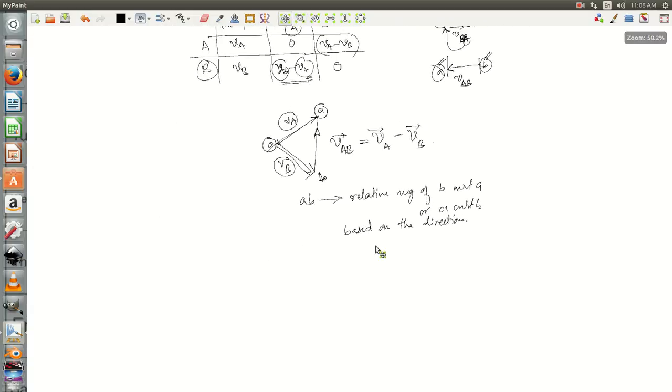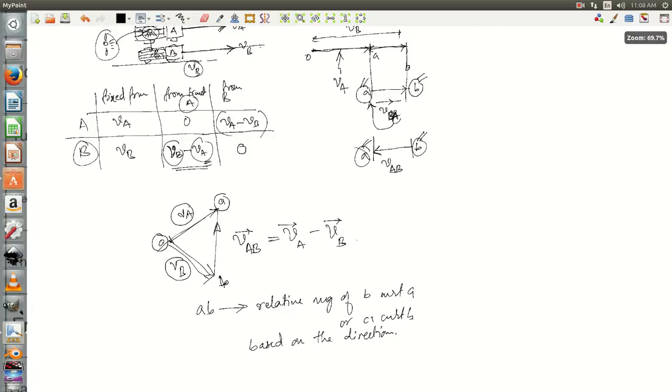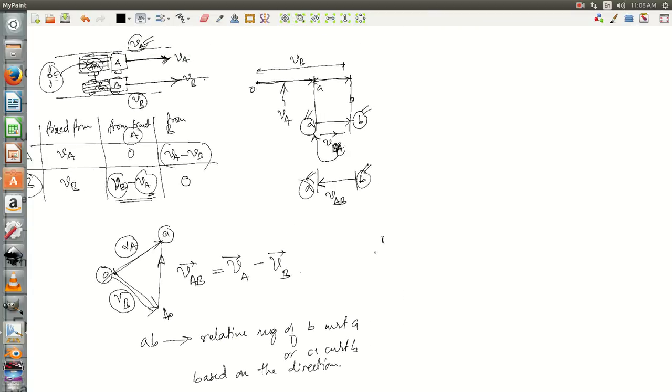See here, the representations are made that this is always the fixed point which is initially mentioned, and this is the final point.